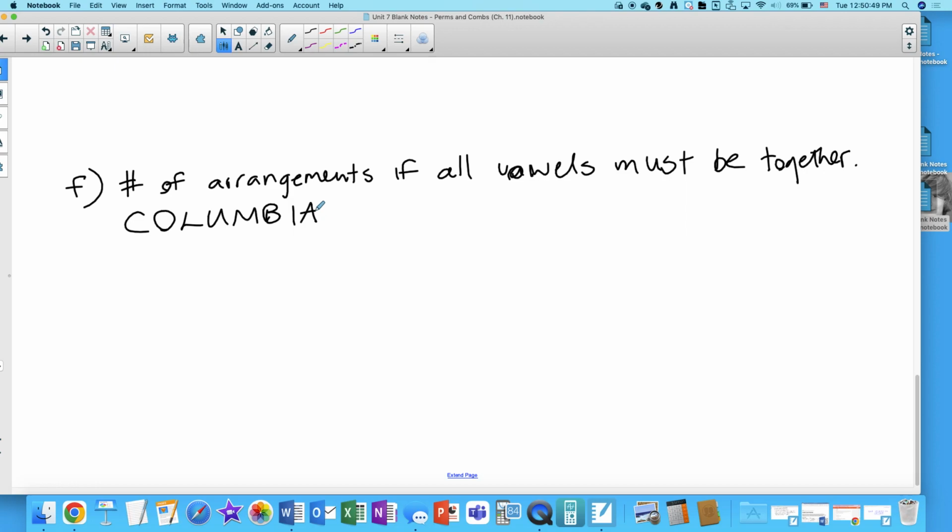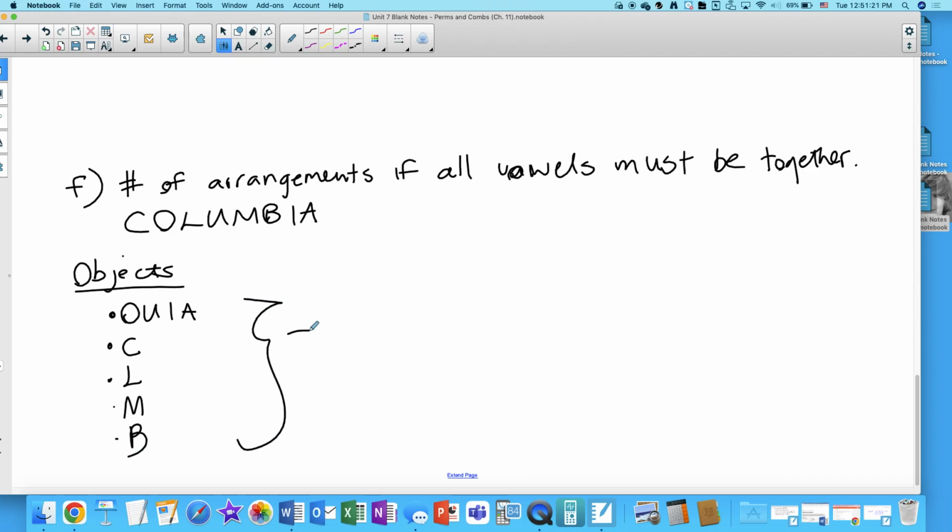So the objects that we now have to arrange are the vowels, O, U, I, A. That's one group, because they have to be stuck together, plus C, L, M, B. So we now have 5 objects instead of 8. So there are 5 factorial arrangements.